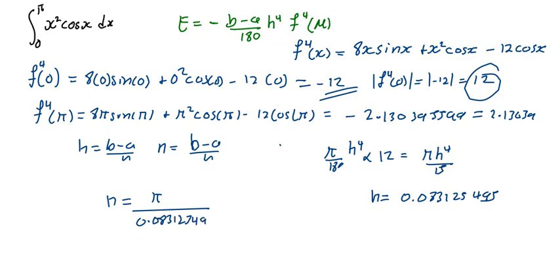You're going to end up with something like 37.79337043. Write this to the nearest whole number, that's 38. So n is 38 and h is 0.083125495, and that's basically our answer.